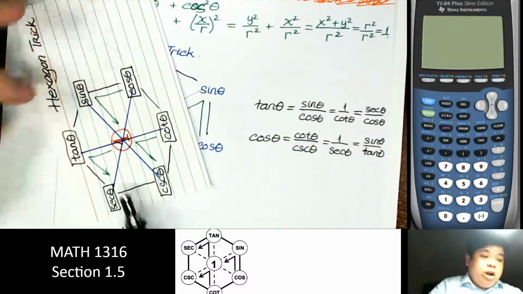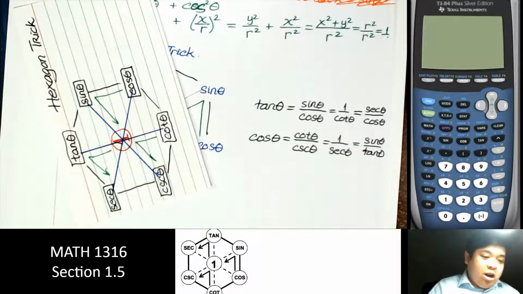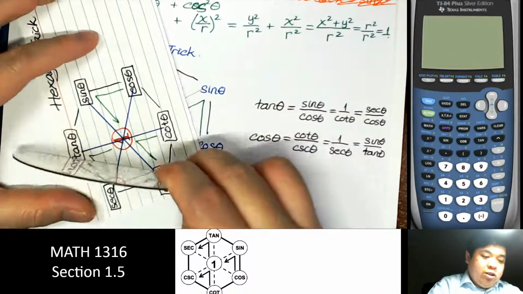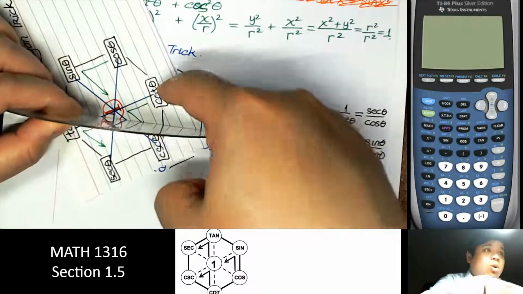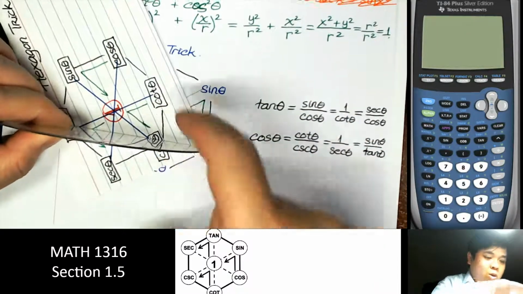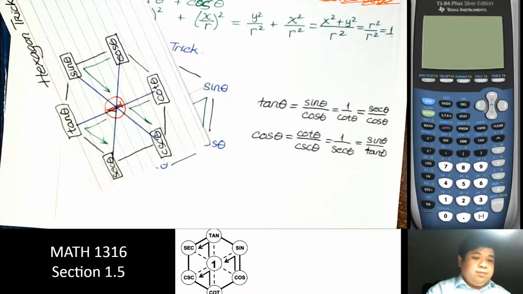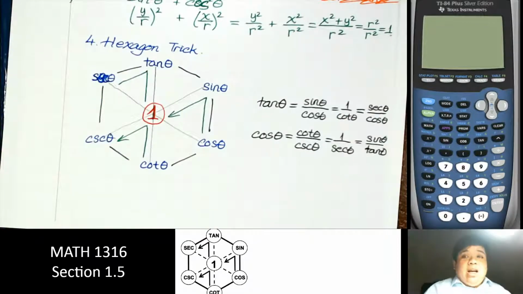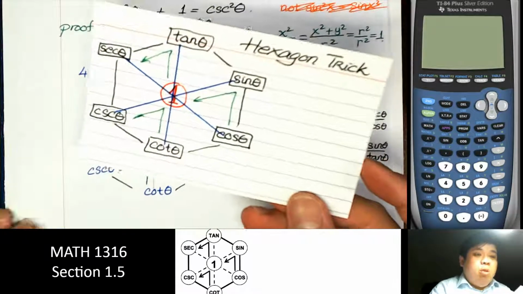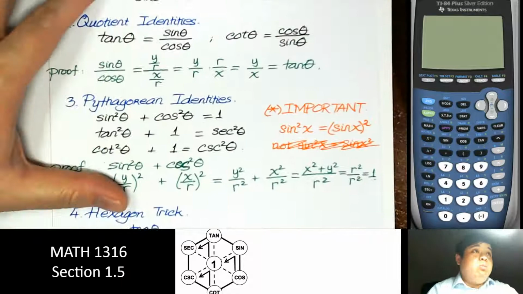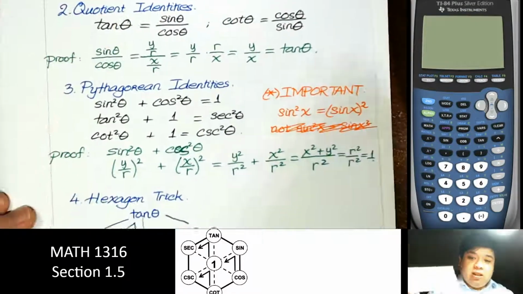So whenever we put one trig function on the top, there will be 3 ratios: cotangent over cosecant, 1 over secant, and sine over tangent. So the hexagon trick will take care of all the ratio and quotient identities.